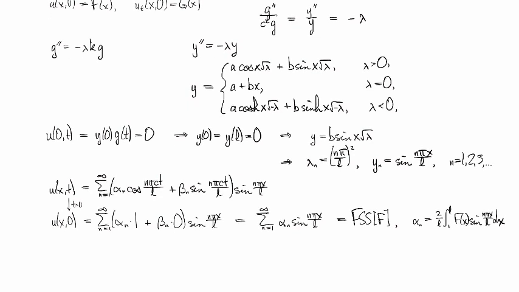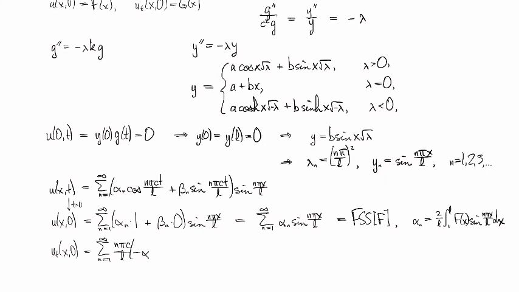And then when we go to look at the time derivative for the other initial condition, this is going to be, and let's see what happens. So now we're going to have n pi c over L after taking the derivative.